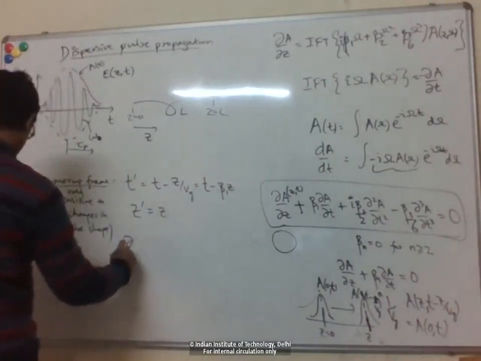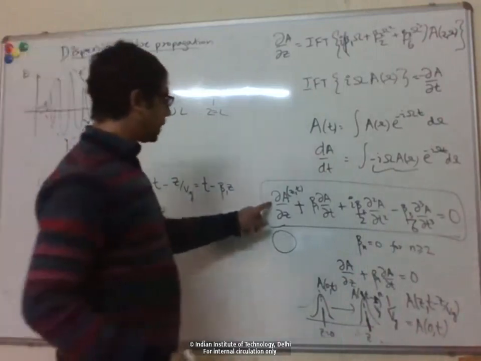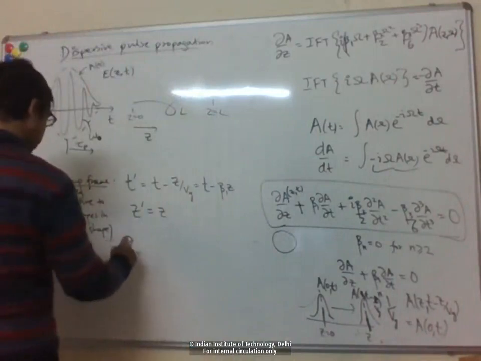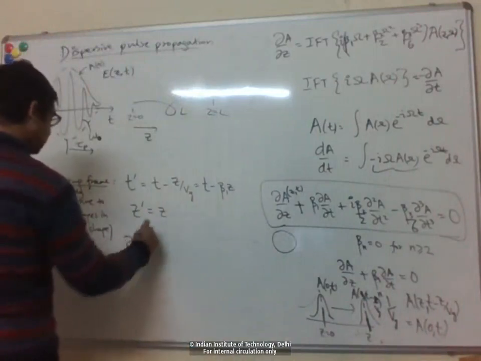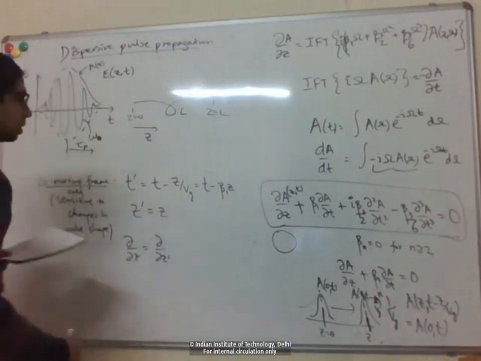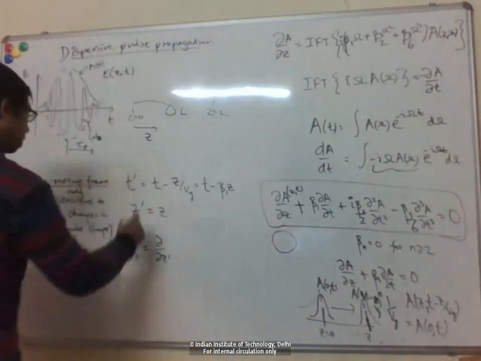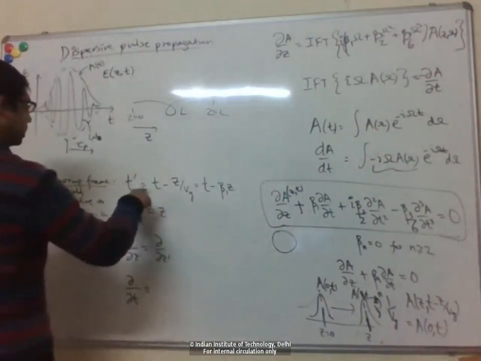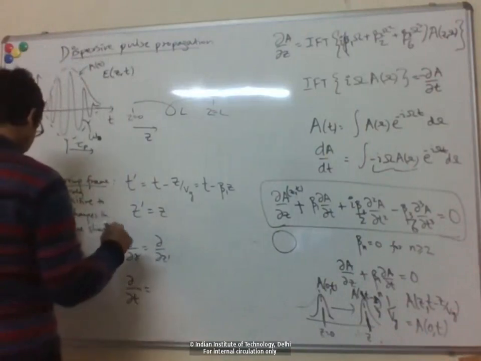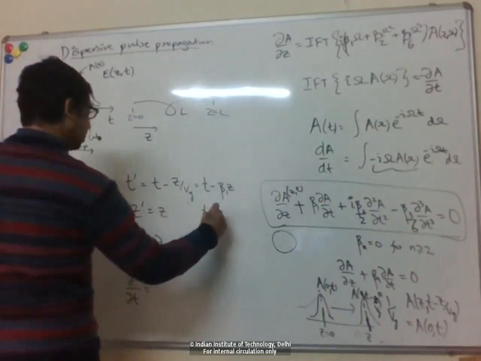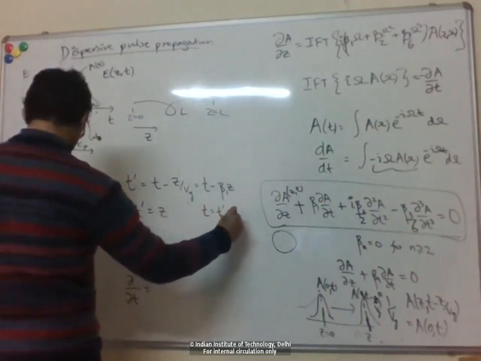So I have terms here, del by del z and del by del t. Del by del z here will just be del by del z prime, so there's no change in this term. But for the time derivative, I can from here write t is equal to t prime plus beta 1 z.